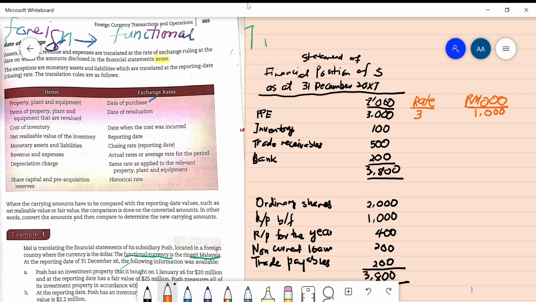If you look at the question, the date the closing inventory was purchased is 2.25. So if you translate it at 2.25, it will be 44.